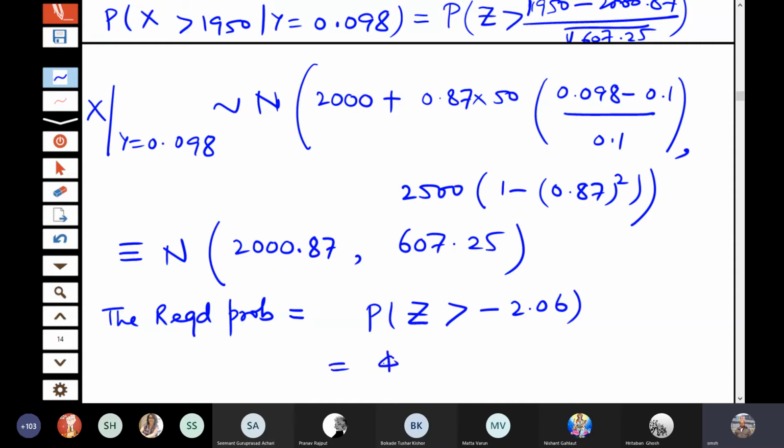So that is phi of 2.06, which is approximately 0.98. So these calculations are okay. Yes, sir.